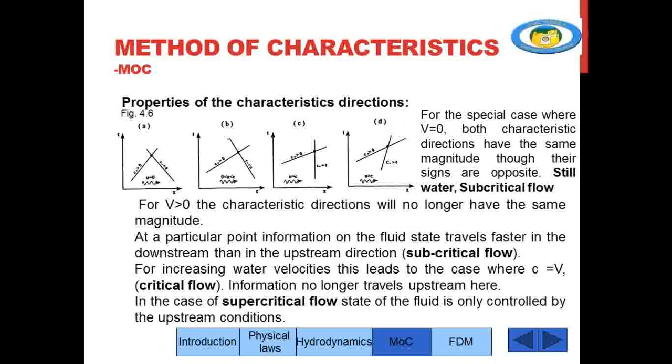So, in case of critical flow, there is no backward characteristics line, it's going to be 0. In case of subcritical flow, there would be 2 characteristics lines of different magnitude and opposite direction. In case of still water, you have the 2 characteristics directions of equal magnitude but opposite direction.